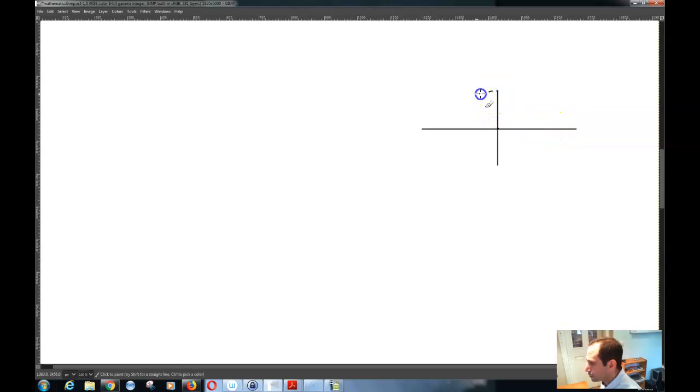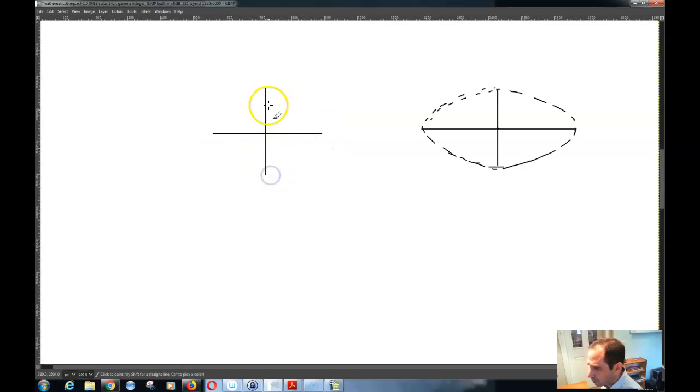It's not a circle, meaning that if you had a circle, you could imagine that a circle has two axes of symmetry, and these axes are perpendicular, and the lengths of these two axes are exactly the same. Then you would get a circle.